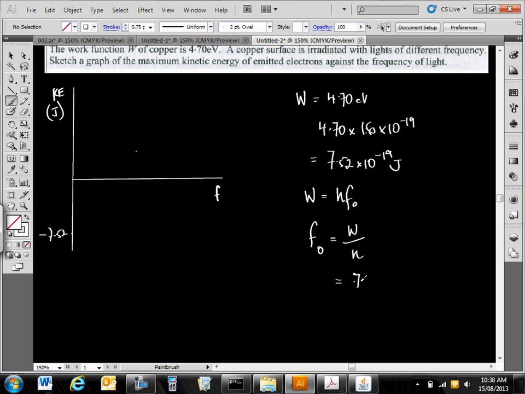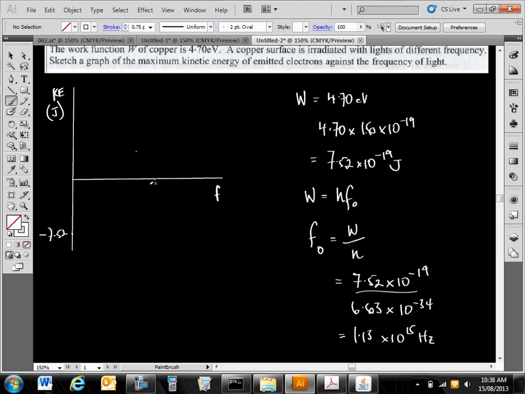So 7.52 times 10 to the minus 19 over 6.63 times 10 to the minus 34 is 1.13, the book says, by 10 to the 15 hertz.